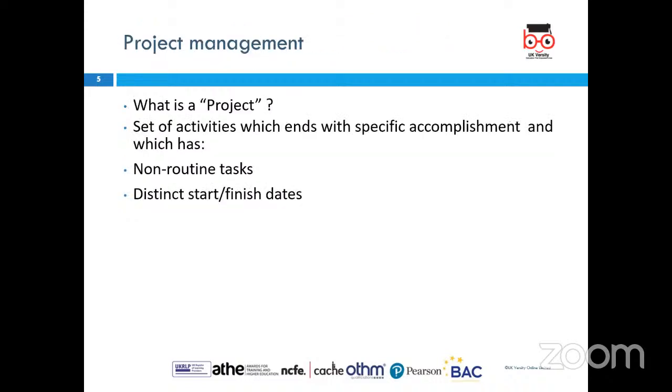First of all, we need to understand and give a definition of what a project is. From our understanding, a project can be a set of activities which end with a specific accomplishment, which has no routine tasks and distinct start and finish dates. It is really important to understand the difference between a project and operations. Operations are ongoing tasks which have no start and no finish.